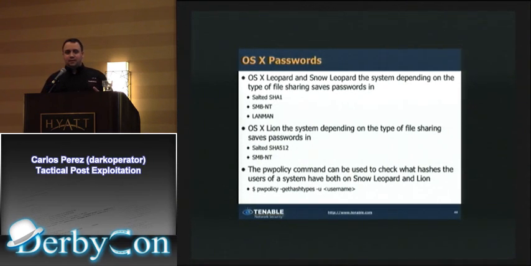If you look in the framework, I wrote a post module that will dump it and create separate files for each one for you. And I even have my own Python and Ruby script on my website.